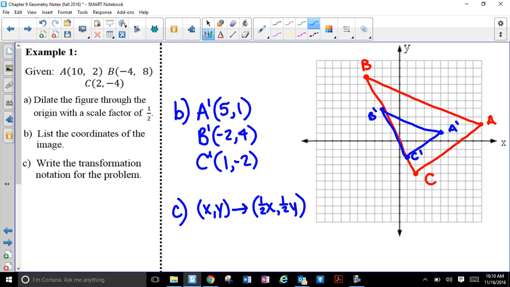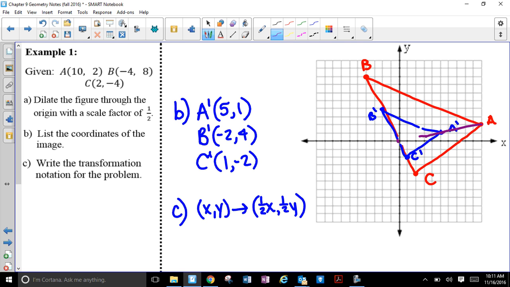So what this means is, if I were to measure the distance from the origin to B and the distance from the origin to B prime, the distance from the origin to B prime is going to be half of the distance from the origin to B. Same with A: the distance from the origin to A prime is going to be half of the distance from the origin to A. And then the same with C. And you can kind of see that, like this distance here and this distance here look the same. Okay, so that's what we're actually doing when we do through the origin stuff.